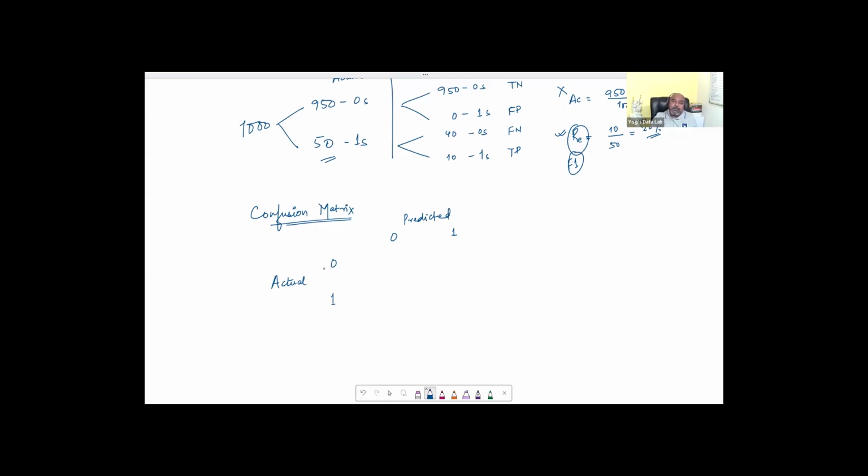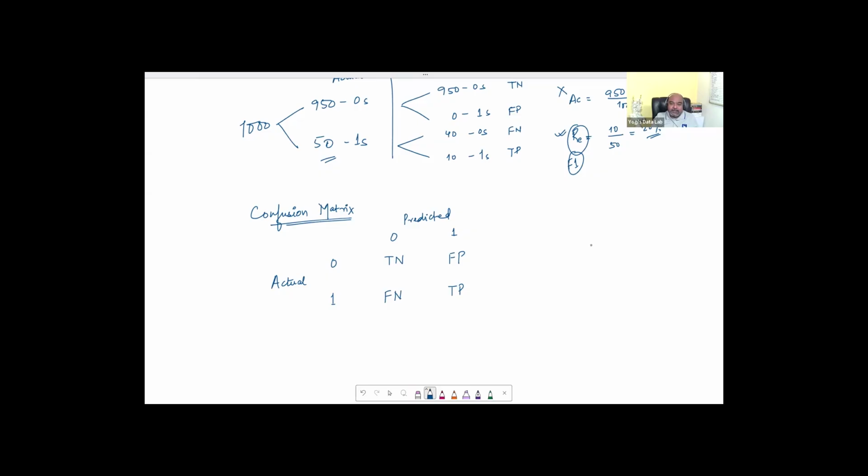So in a cross table, it gives the number of rows. The number of rows which were actually 0 and predicted as 0 gives the number of true negatives. The number of rows which were actually 0 and I predicted them to be 1 is the false positives. Similarly here, the number of false negatives and the number of true positives.